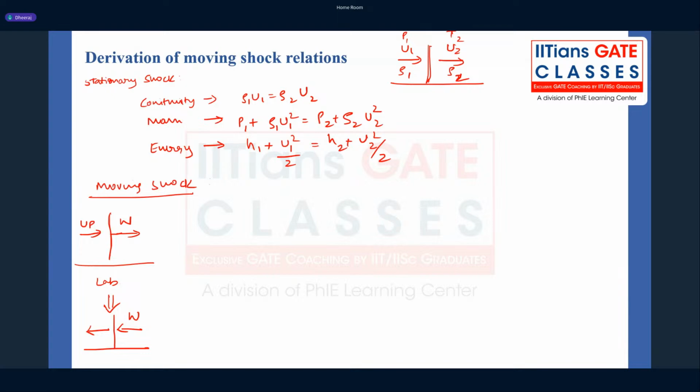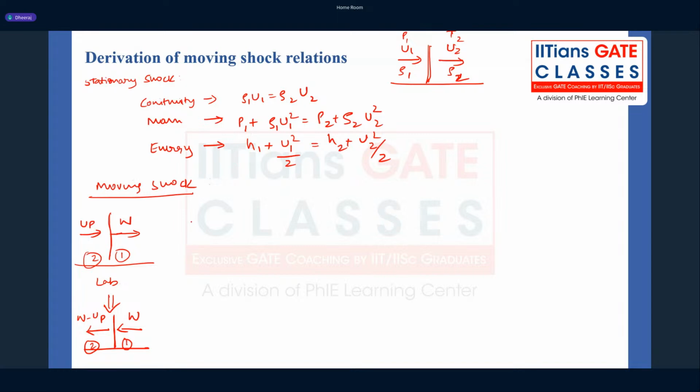Then it becomes again a stationary shock problem. With respect to the inertial frame, my shock is stationary, and in region one my velocity is w, and in region two my velocity is w minus up. So instead of u1, I'll be placing w, and instead of u2, I'll be putting w minus up.